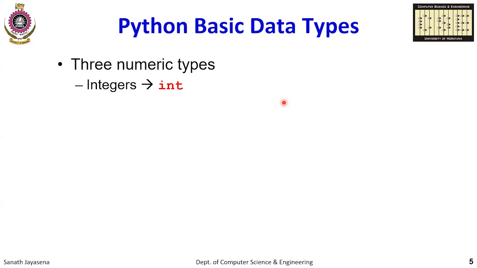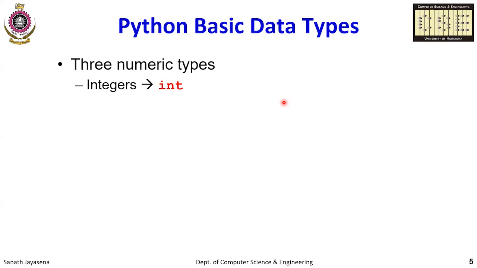So with Python, we have numbers, which we call numeric types. Numeric types means basically numbers. So what types of numbers can you represent in Python? One is the whole numbers, which are called integers. Integers have a shortened name within Python, basically called int.